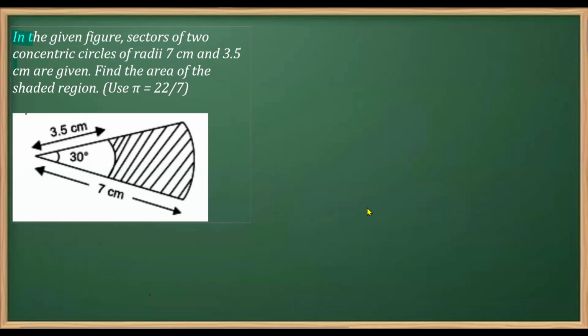Now in this question, it says in the given figure, sectors of concentric circles of radii 7 centimeter and 3.5 centimeter are given. What we have to find out is the area of the shaded region.